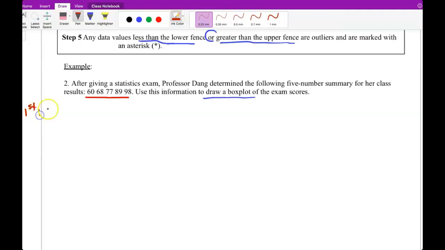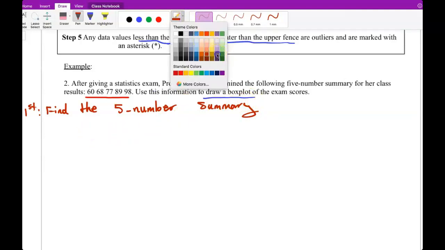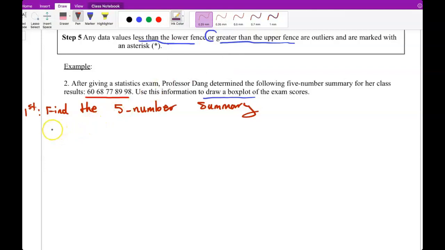So first step, find the 5 number summary. That means finding the smallest data value, so min, max, median, or Q2.